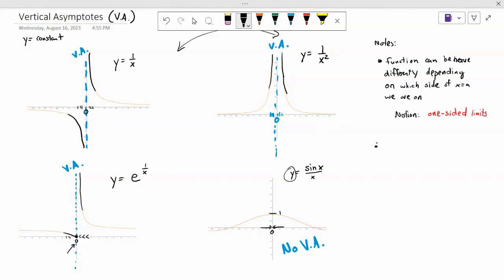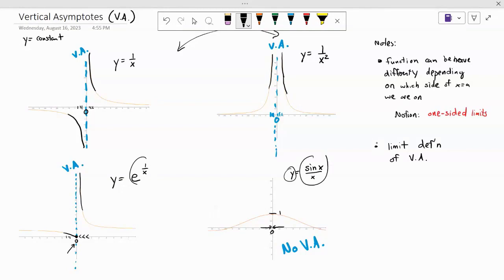So we need to come up with a good limit definition of vertical asymptote that will qualify the first three graphs to have them. The reason we need to use limits is because of situations like these.